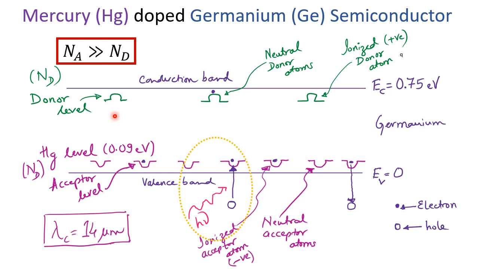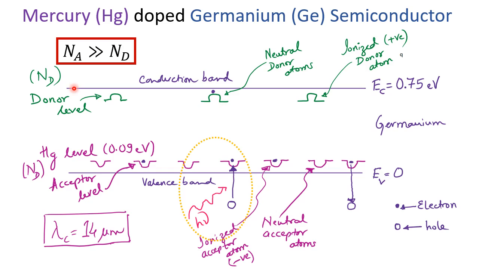Now in germanium, quite normally you also have some impurities of the donor kind. There are very few of them. These donor levels are just below the conduction band, and this is a typical neutral donor atom which has an excess electron sitting with it, right?